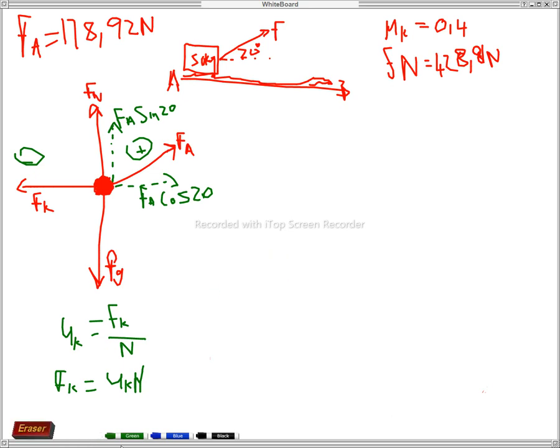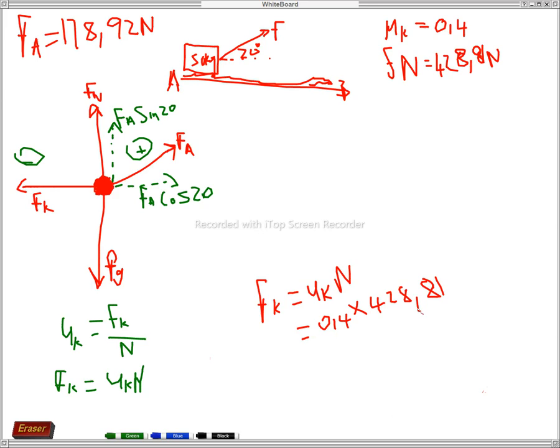These are follow-up questions. So this is the formula, mu k and the normal force. So we have everything. Mu k is 0.4 multiplied by 428.81, and then you just have to punch it on your calculator.